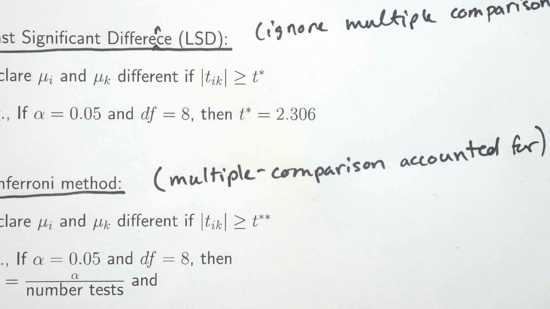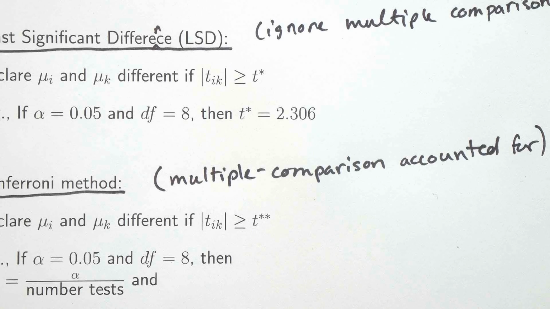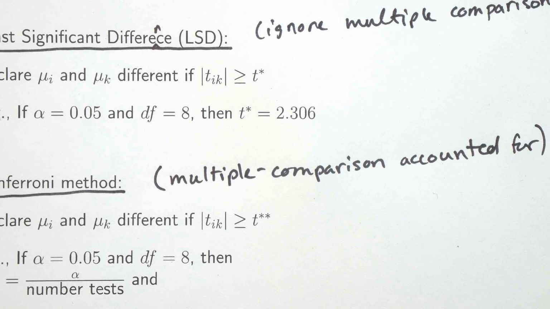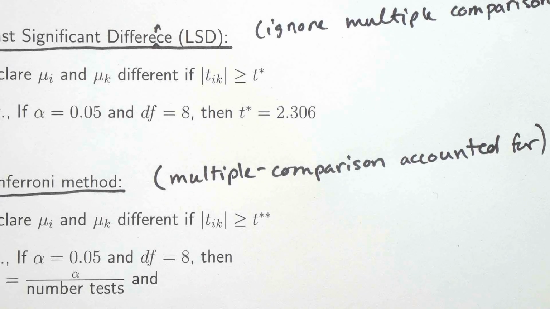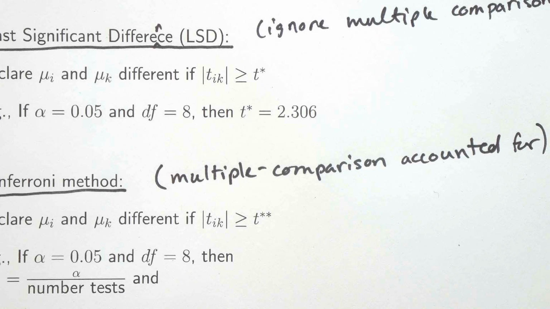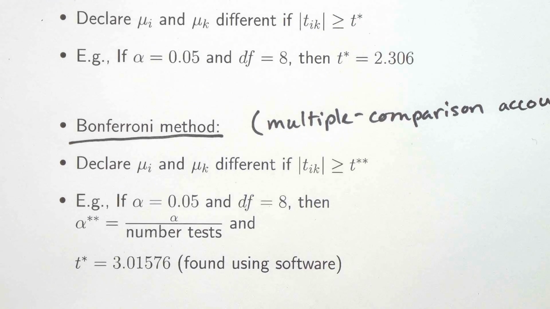So the basic idea is that if we want any single test to be statistically significant, we're going to have to require more evidence, so that if two of them come up as statistically significant at the same time, we can say that as a family, all of those tests are actually statistically significant.